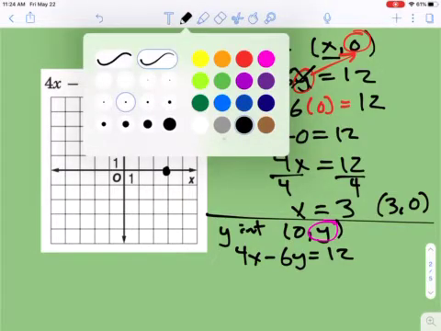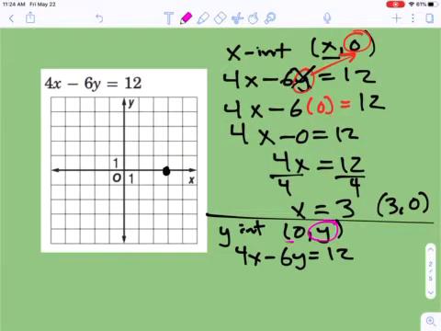So this 0 goes right there, and you have 4 times 0 minus 6y equals 12, and this 4 times 0 basically goes away and becomes 0.